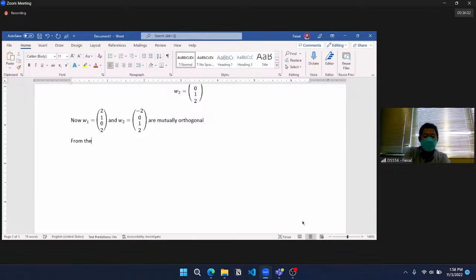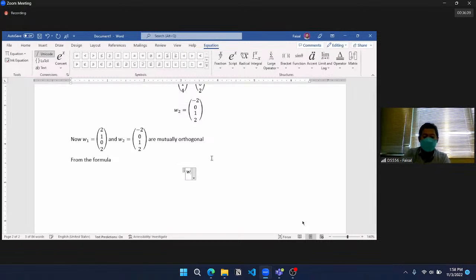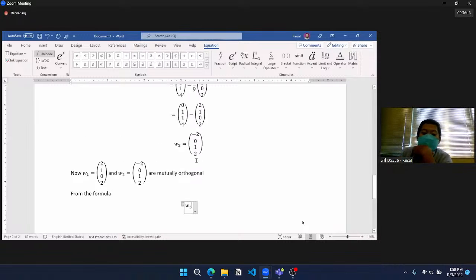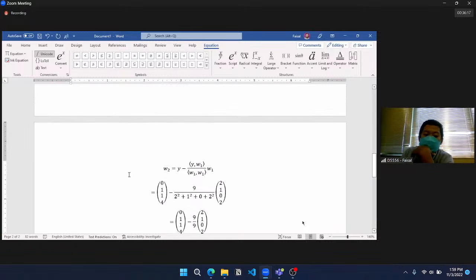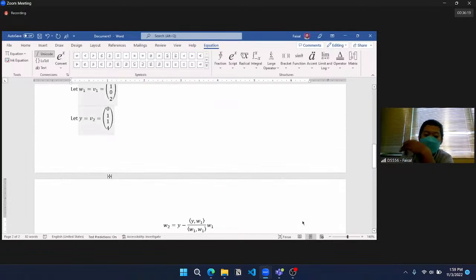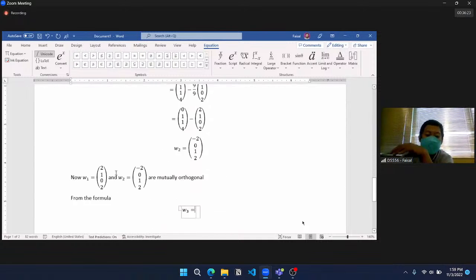From the formula, we get W3. So M now is 2. W3 is, and we update the previous iteration.